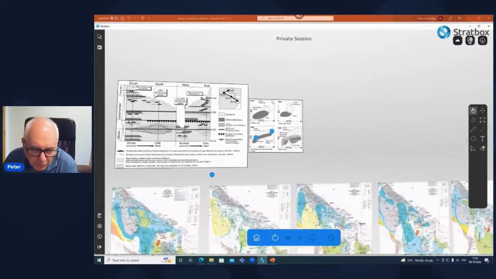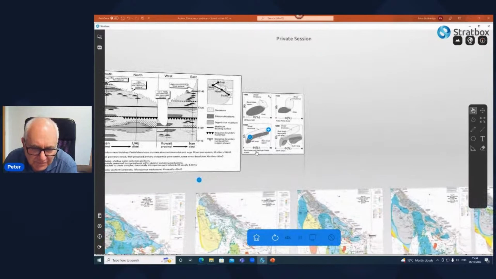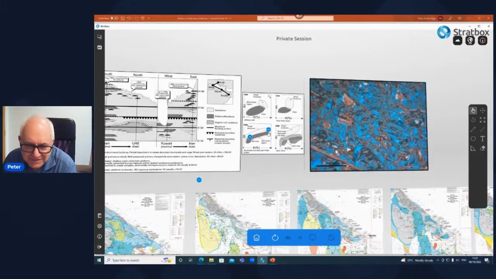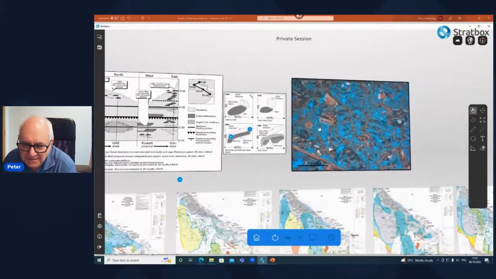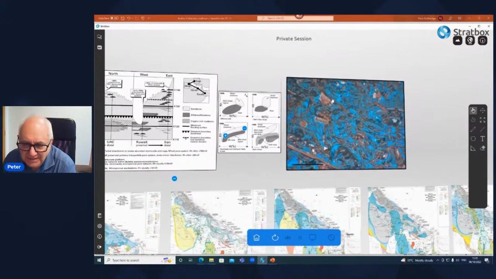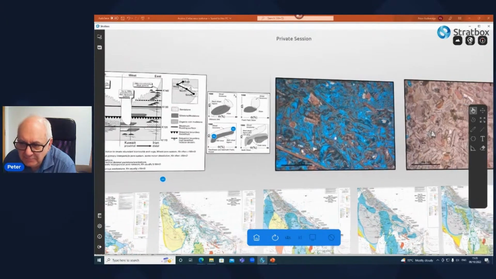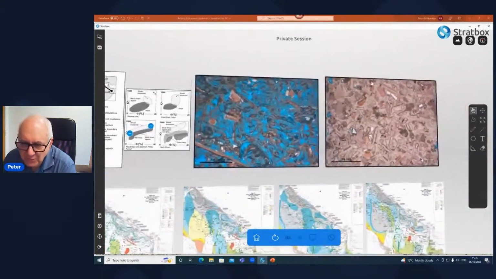So here's a poroperm plot from Sabriyah Field in Kuwait, and we have the good reservoir plotting at the high porosity, high permeability, and as I mentioned previously, this largely preserves the primary porosity associated with the depositional environment, and we have poorer reservoir quality where we get cementation.